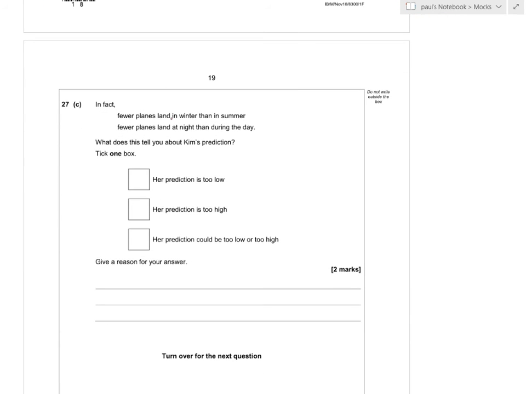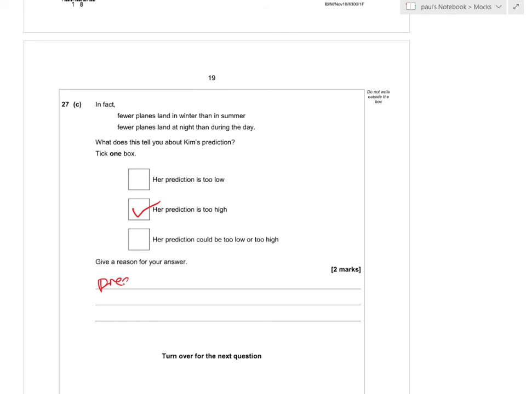In fact, fewer planes land in winter than summer. Fewer planes land at night. Her prediction is far too high. Well, that's the reason, isn't it?